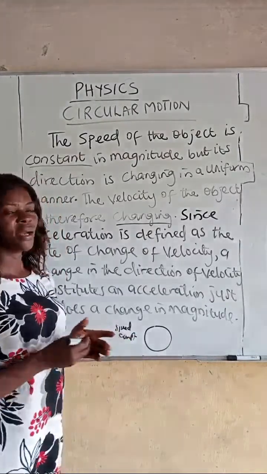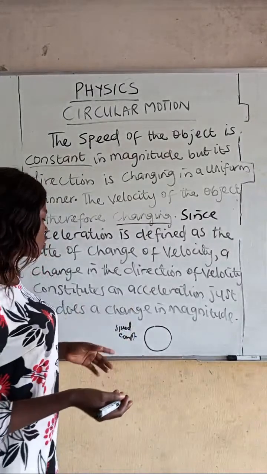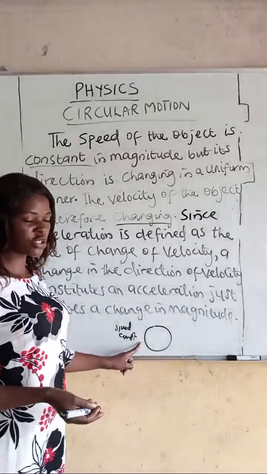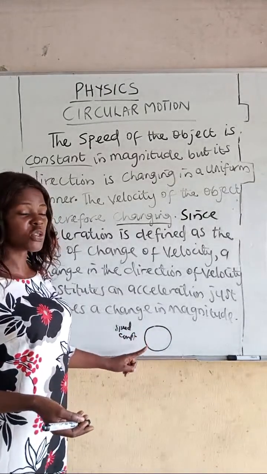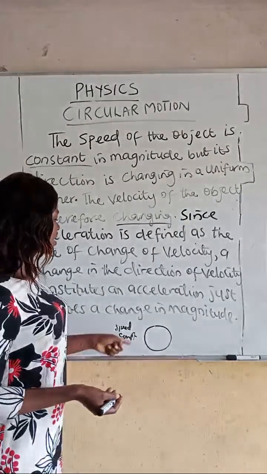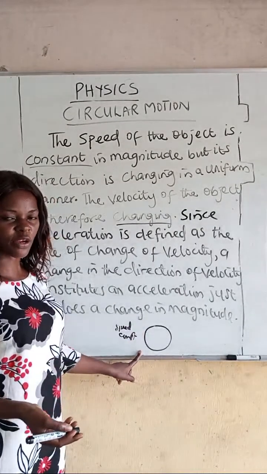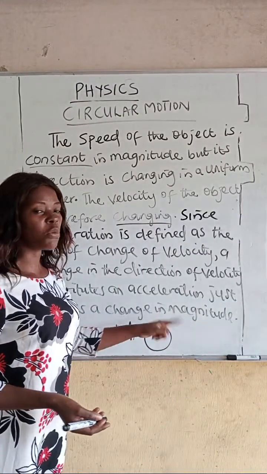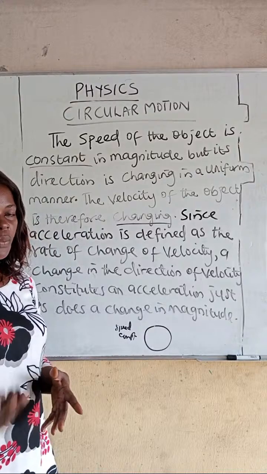It can only have magnitude. So because the direction is changing, it constitutes a velocity, which has a direction, okay? And that same velocity constitutes an acceleration, which also takes place when we are moving in a circular path.